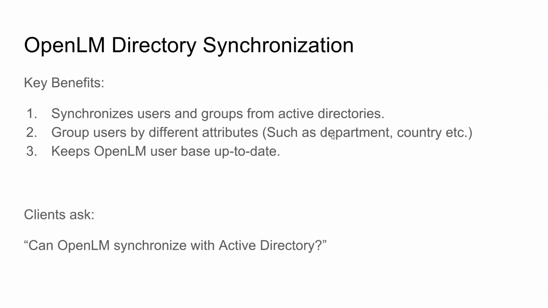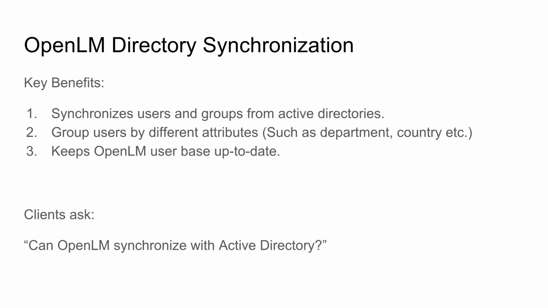As I said before, OpenLM is fully enterprise ready. One of the main capabilities that make OpenLM enterprise ready is the Active Directory synchronization. Most of our clients have Active Directories which hold different users, user information, all the user details, their department, email, phone number, everything.